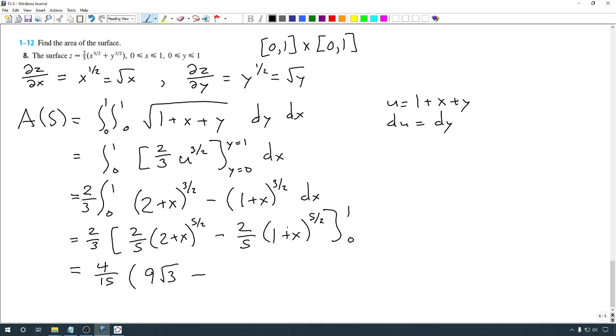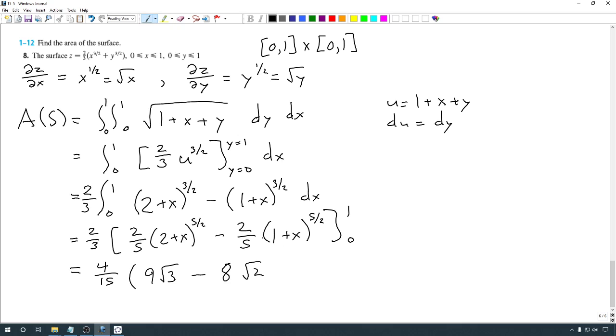Then when we plug in 1 here, we have 2 to the 5 halves, or 4 root 2. When we plug 0 into here, again, the 2/5 is already outside. It's already factored out. So we're going to have 2 to the 5 halves, or another negative 4 square root 2. I'm just going to go ahead and combine those right away. So we have an 8 square root 2.